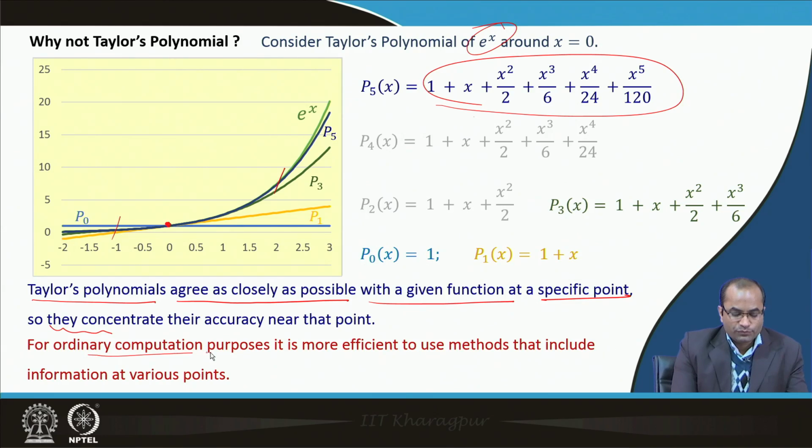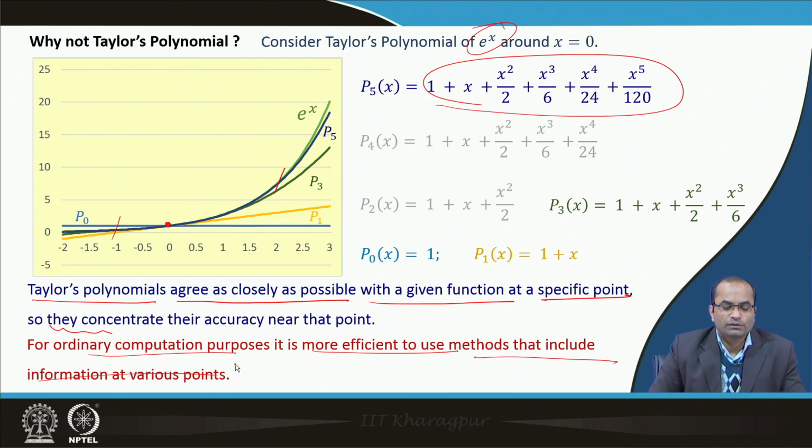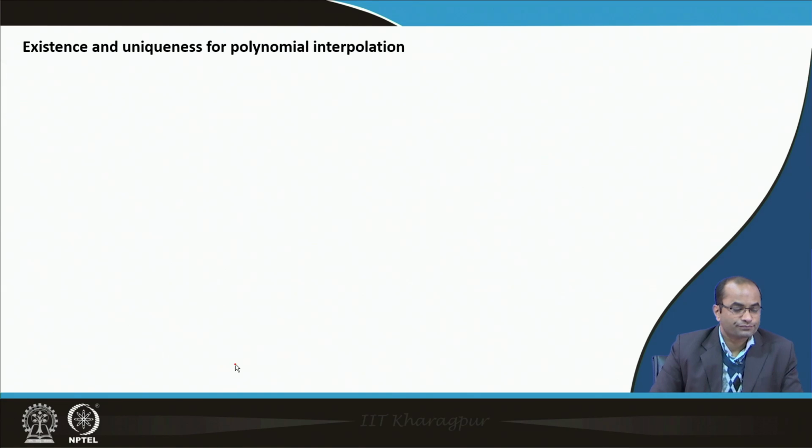So, for ordinary computation purposes, it is more efficient to use methods that include information at various points, not just at a particular point, because in many applications, many experimental results, we have the given data at different points, and then we want to know which polynomial fits the given data points best.